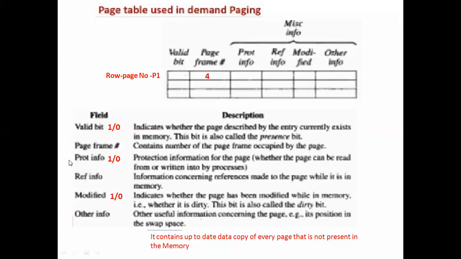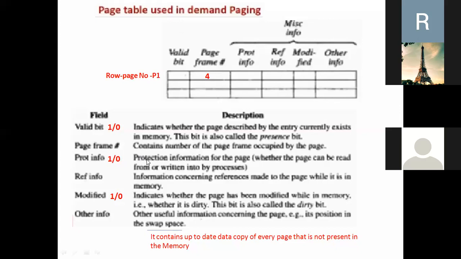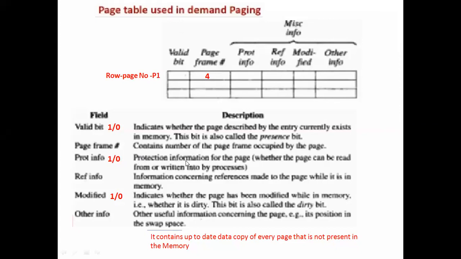The third field is the protection bit. This field contains the information for the page, whether the page can be read from or written into. We can have protection in terms of read protect, write protect, etc., similar to a simple Word file or a PDF.